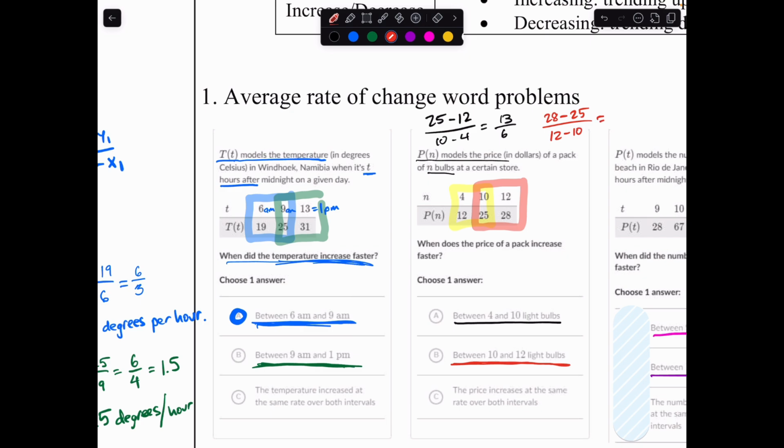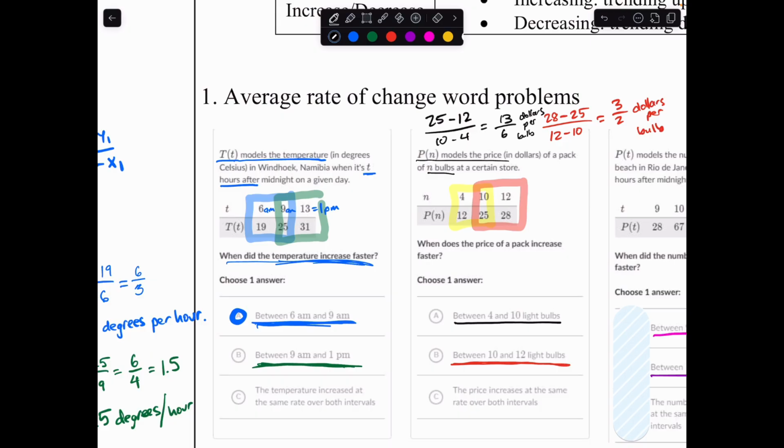So we would end up with $3 for every 2 bulbs. And, oh, I forgot to write the units here, but this is dollars per bulb. And then that one in black is also dollars per bulb.